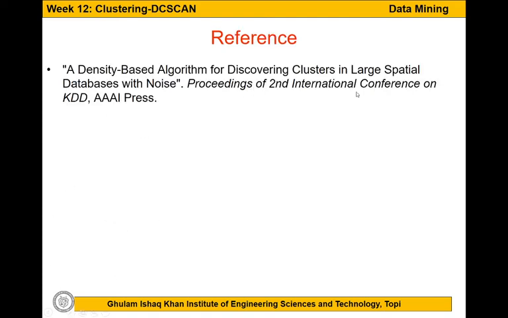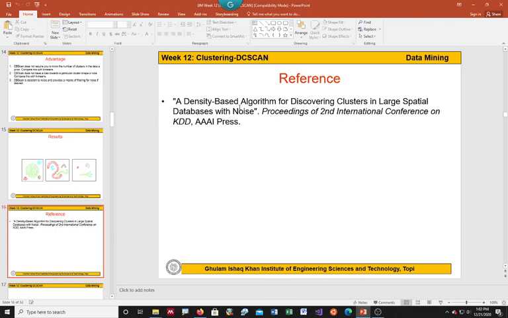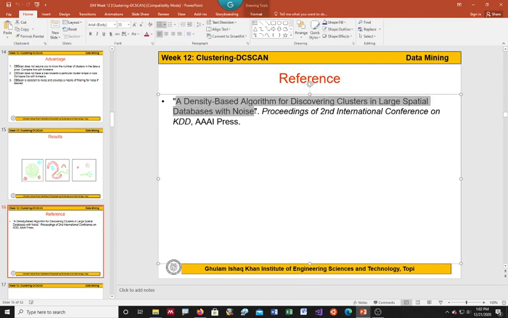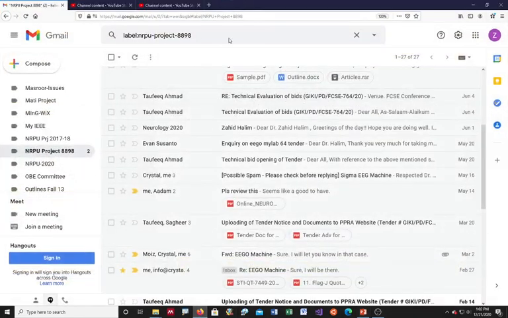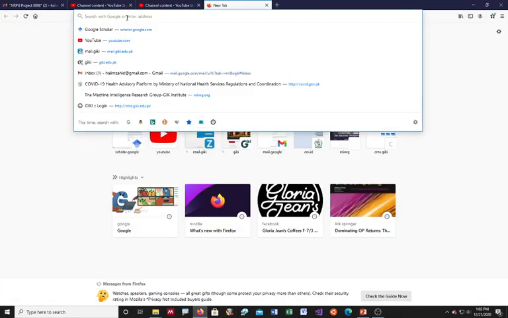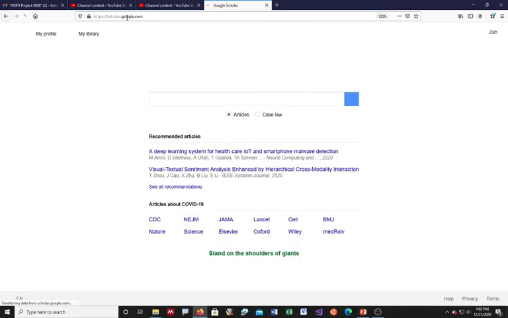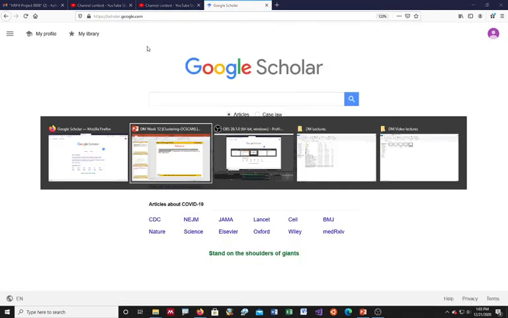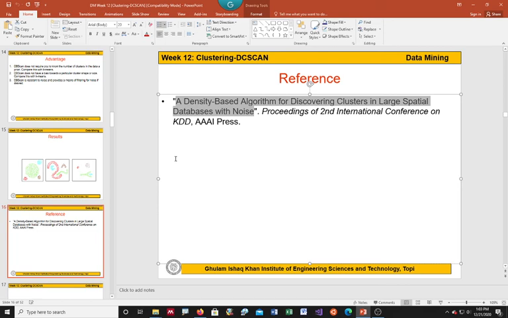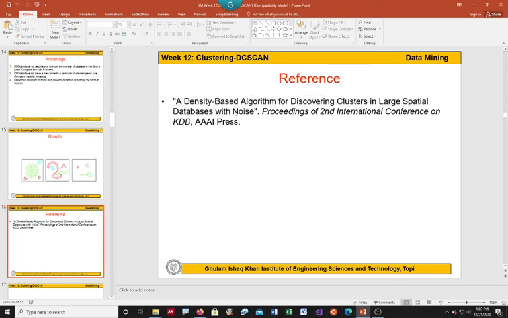You can see it, and for example, this is a bit of an old clustering algorithm, but it is a very important one as well, because based upon this DBSCAN, you can develop new algorithms.